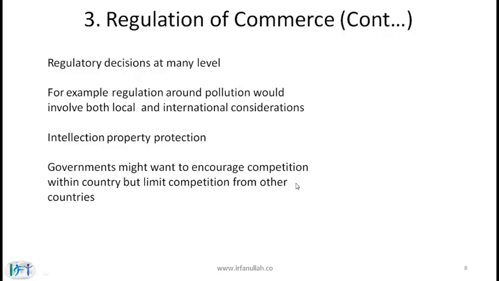Another point to consider is that when we talk about regulation of commerce, we need to understand that regulatory decisions can happen at many levels. So for example, when we talk about regulation around pollution, these regulations would involve both local and international considerations. The example I gave earlier about a given industry polluting the rivers would be a local concern.